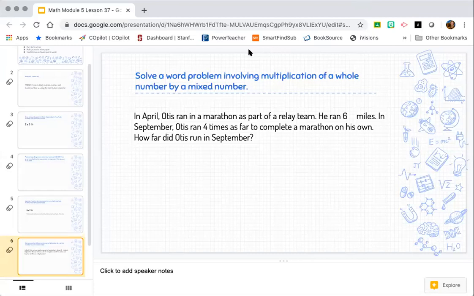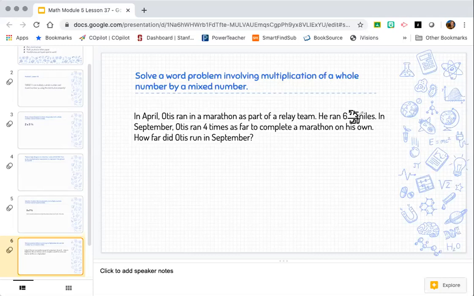I'm going to read it to you guys. In April, Otis ran in a marathon as part of a relay team. Oh, wait, I needed to fill this number in. He ran 6 miles and 55/100.